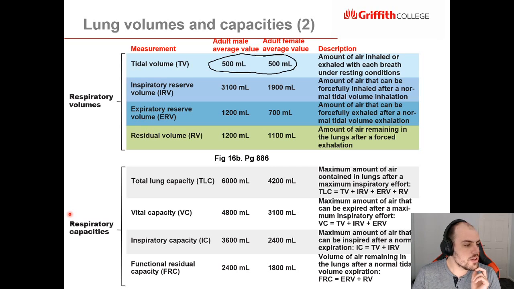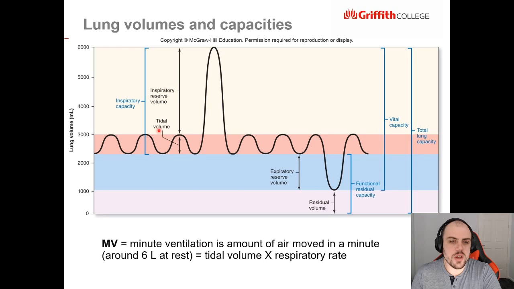So, inspiratory reserve is breathing forcefully. The inspiratory reserve volume, yes, is essentially what you do after a normal breath in. To break down your question: is inspiratory reserve volume breathing forcefully? Yes, that is a forceful breath after you've done a normal inhalation.